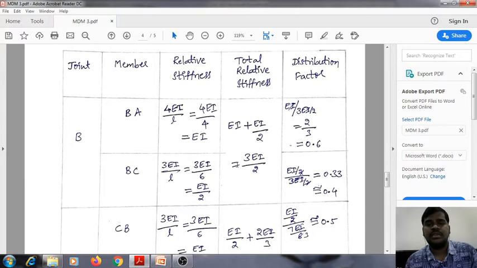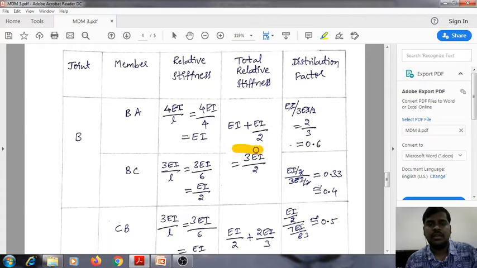What is this? This is nothing but the total relative stiffness. So first we have to find the relative stiffness of BA and of BC, and next we add both. So we have EI plus EI by 2.